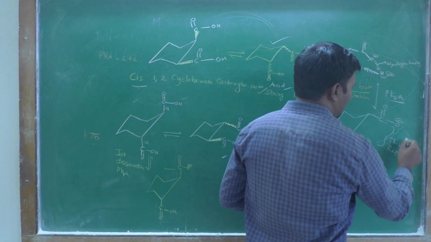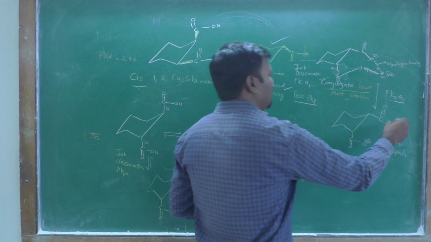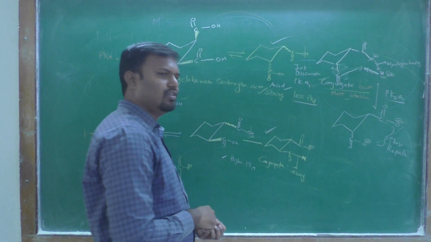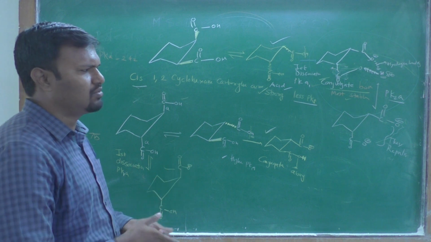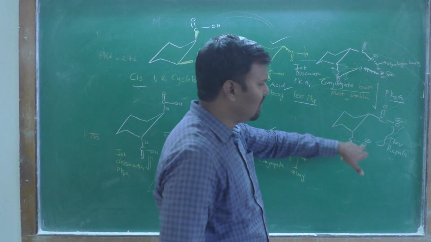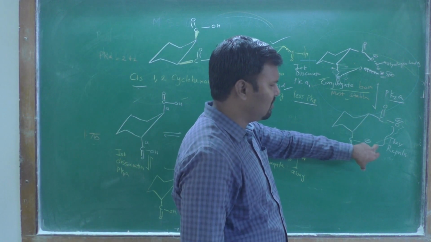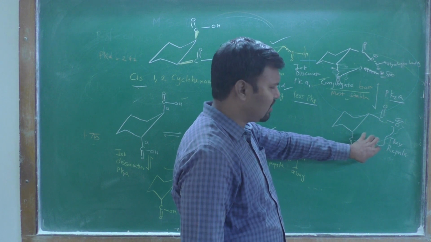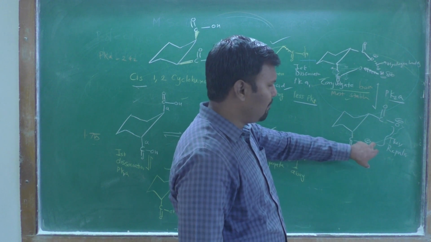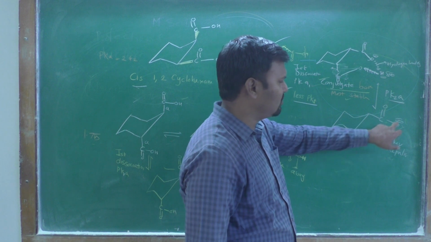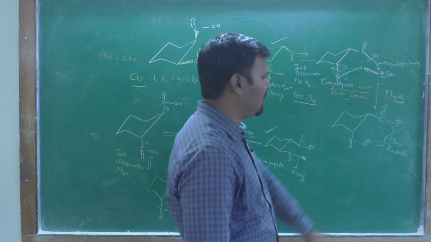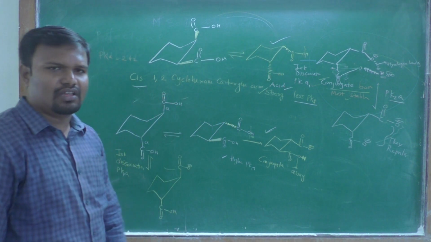That is dipole repulsion, or charge repulsion. Because these groups are on the same side, when the second carboxylic acid gives the H plus, a negative charge will be there and a dipole repulsion takes place.